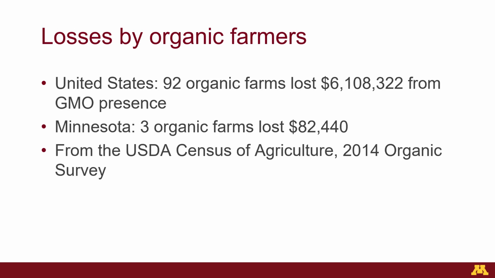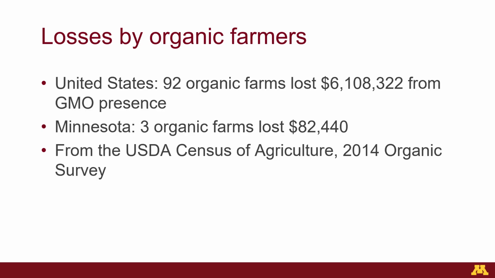So now we've learned how contamination can occur. But what are the consequences when it does occur? Losses from GMO contamination can be a serious issue for organic farmers. According to the U.S. Department of Agriculture Census of Agriculture 2014 Organic Survey, GMO losses have been reported by organic farmers.